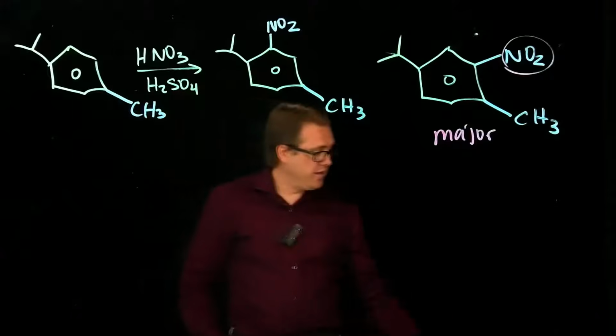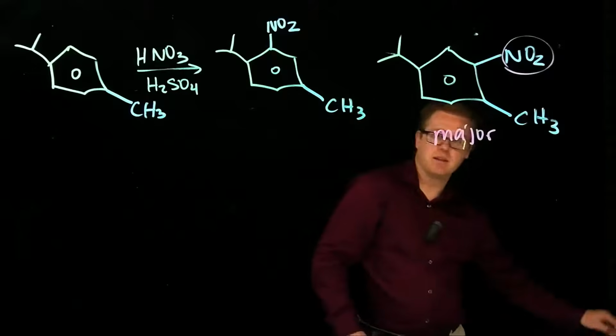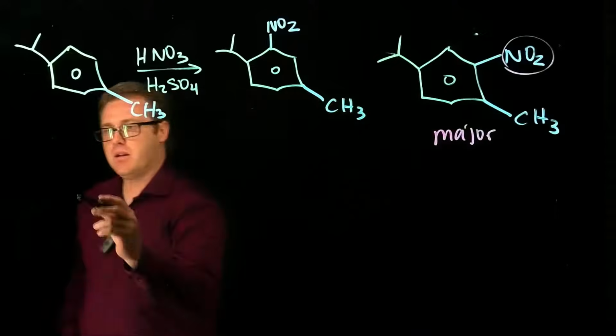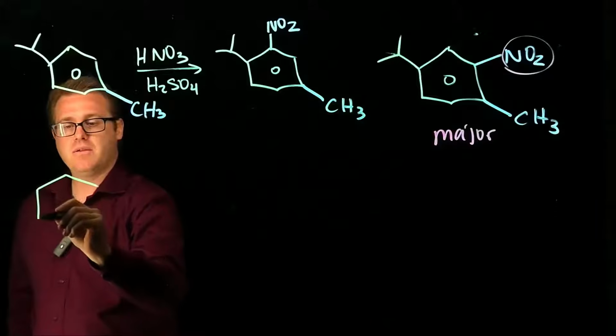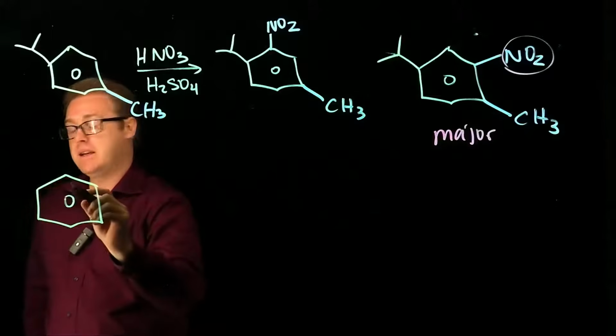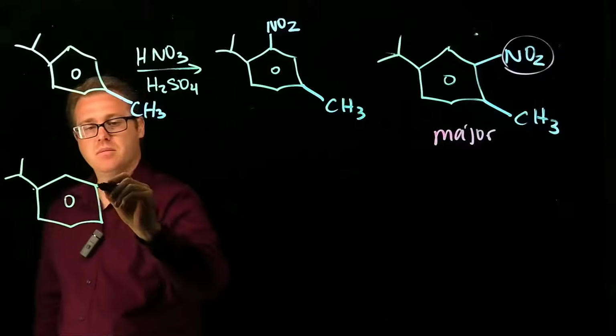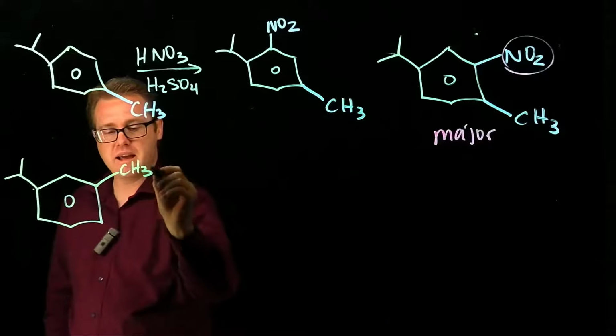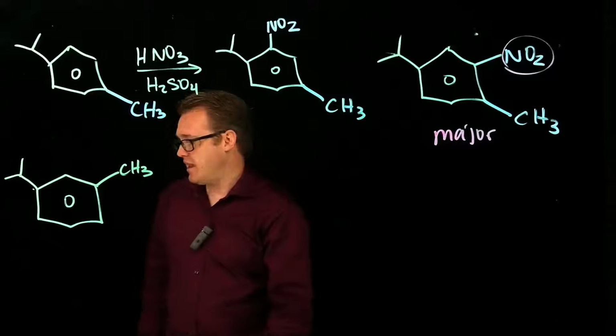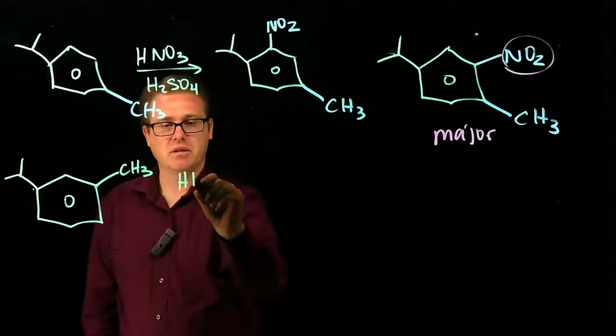Okay, now what if we have something, let's just start brand new here. What if we have a 1,3 disubstituted ring? Something like that. And then we want to do a nitration.